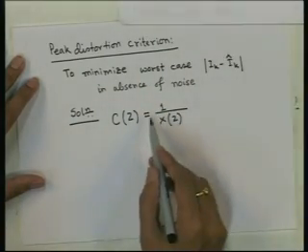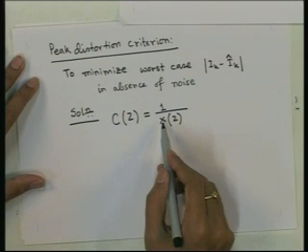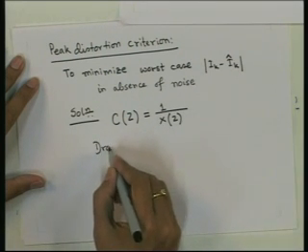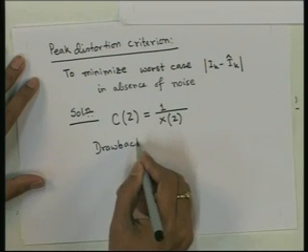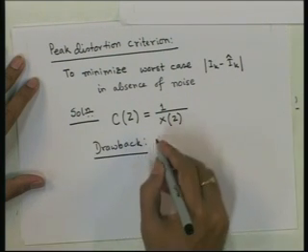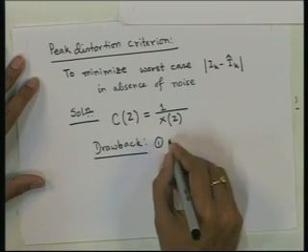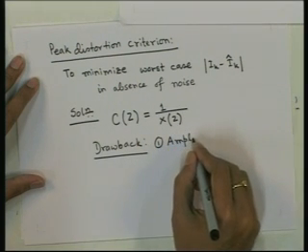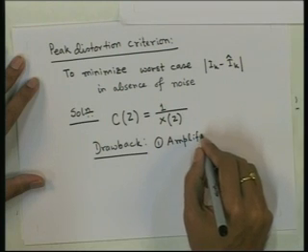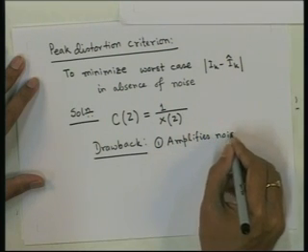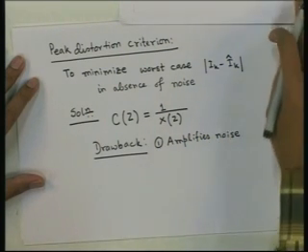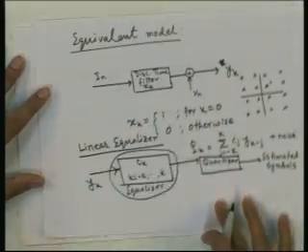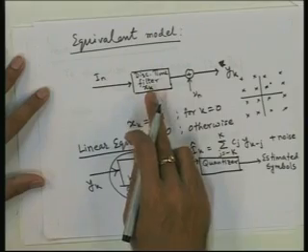Though this completely removes ISI, it has one drawback. The drawback is that it amplifies noise. It amplifies noise in some bands wherever this discrete time filter has very high attenuation.